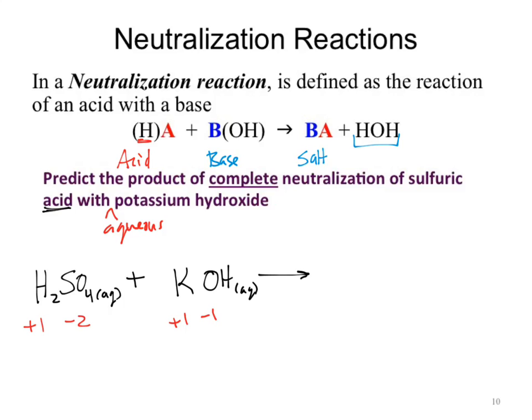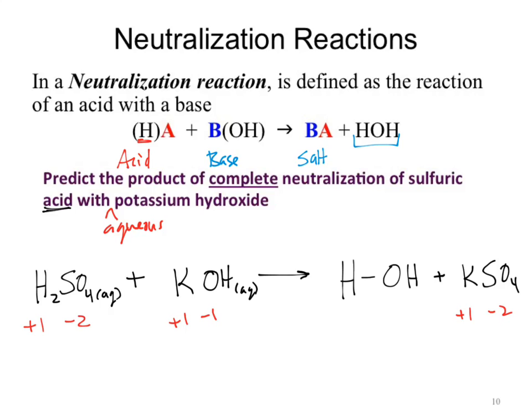We have HOH and our SO4 needs to be bound to potassium. Check our formulas. The charge on potassium is +1, charge on sulfate is -2.